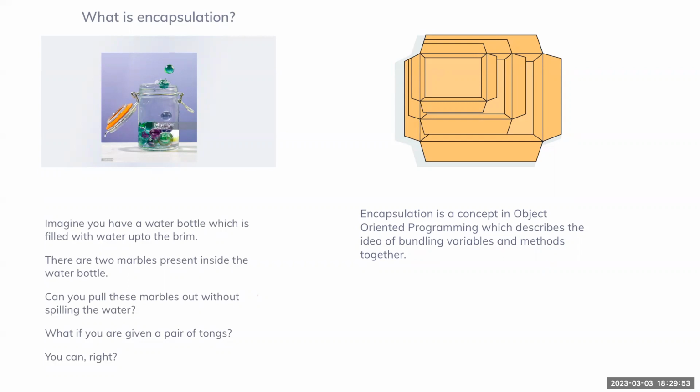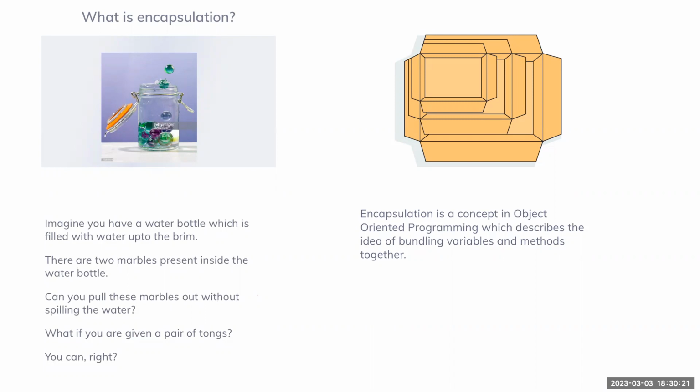If you want to take out one of the marbles without touching the water, is it possible for us? No, right? But if we have two tongs, we can put them in the water and pull one of the marbles outside of that bottle.